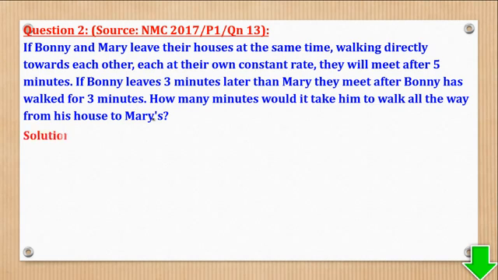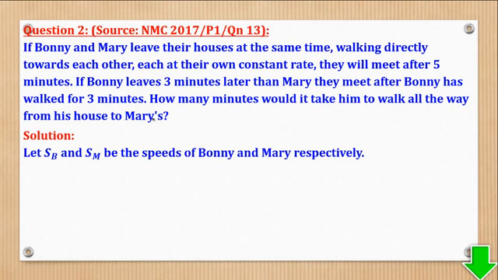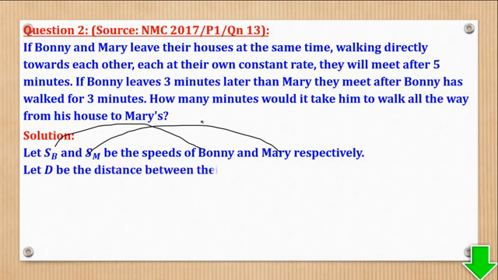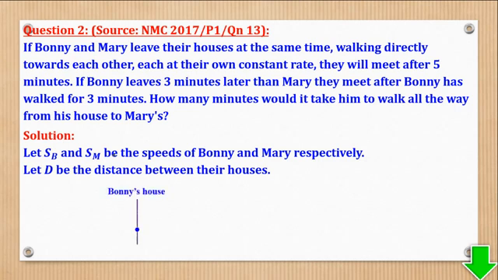So let's make a little sketch here. Let SB denote the speed for Bonnie, and this denote the speed for Mary. And D denote the distance between their houses. So we shall make a simple sketch here, Bonnie's house and Mary's house. So Bonnie moves and takes 5 minutes.